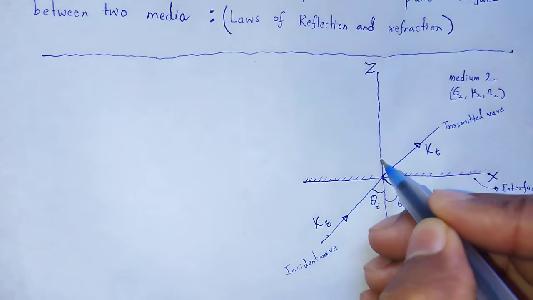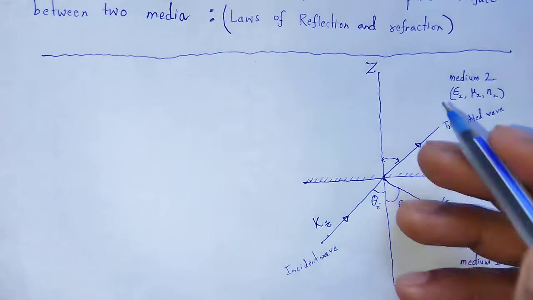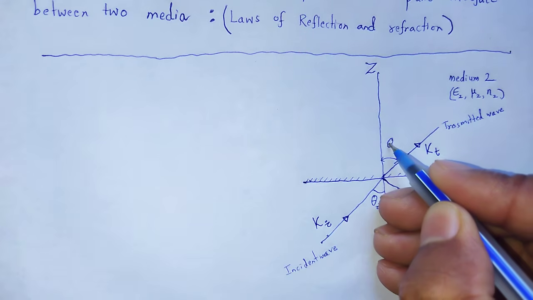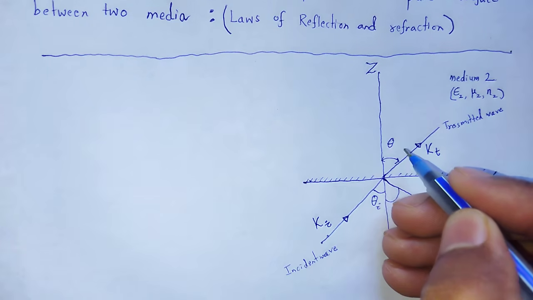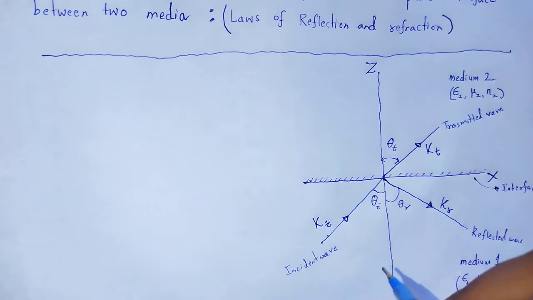Next, the angle between the refracted or transmitted wave and the normal, angle of transmitted wave, that is theta t.